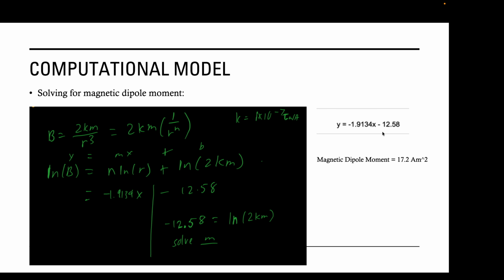We set this equal to ln of 2km, take the natural logs, and then solve for m, which for the magnetic dipole moment gives 17.2 amps meters squared.